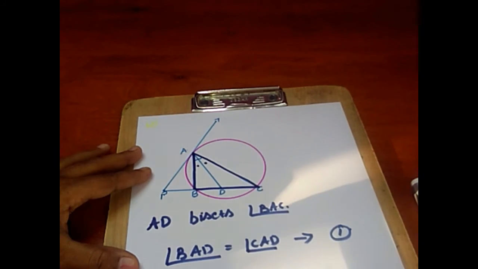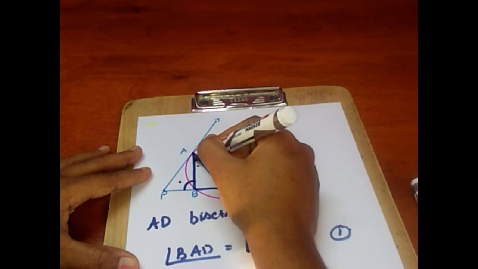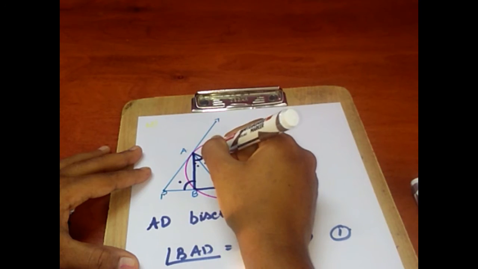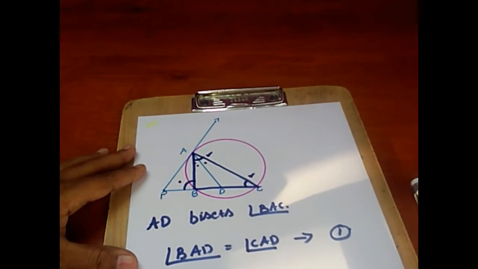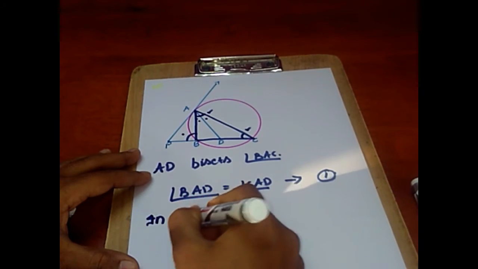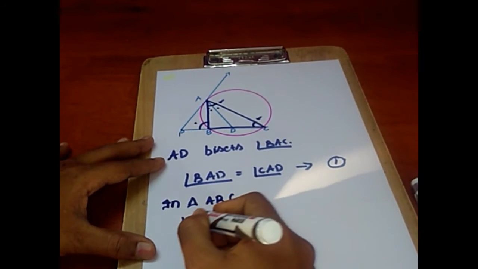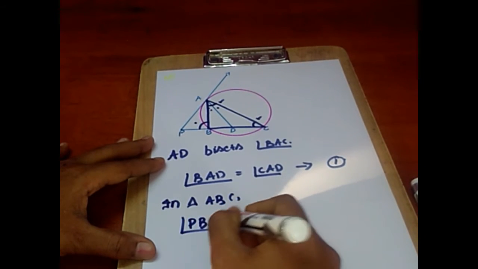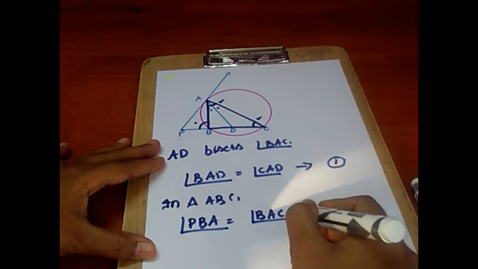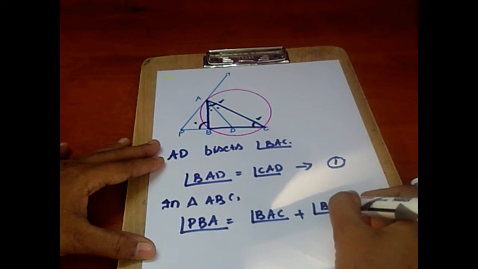If you consider this triangle, the exterior angle is equal to sum of two interior opposite angles. So this and this. Let us rewrite the same. That is, in triangle ABC, angle PBA is equal to angle BAC plus angle BCA.